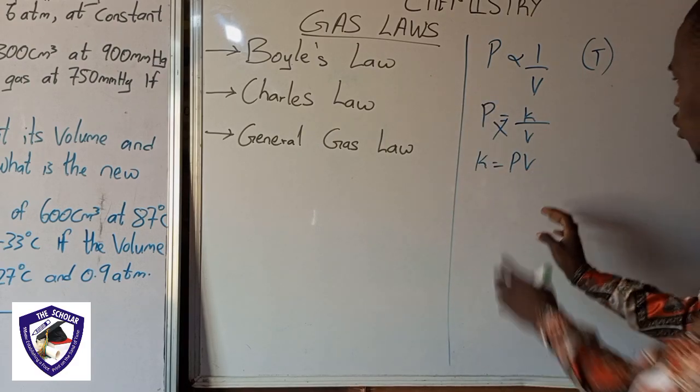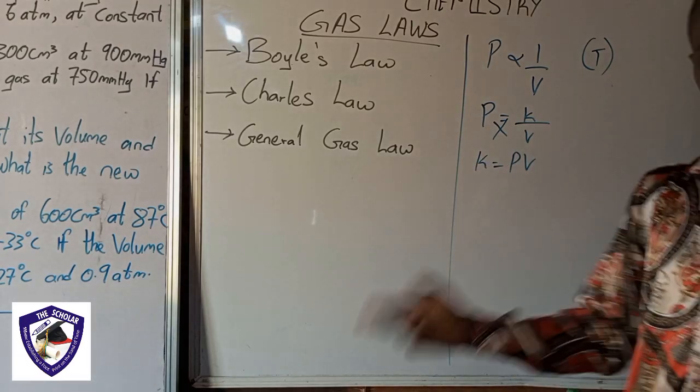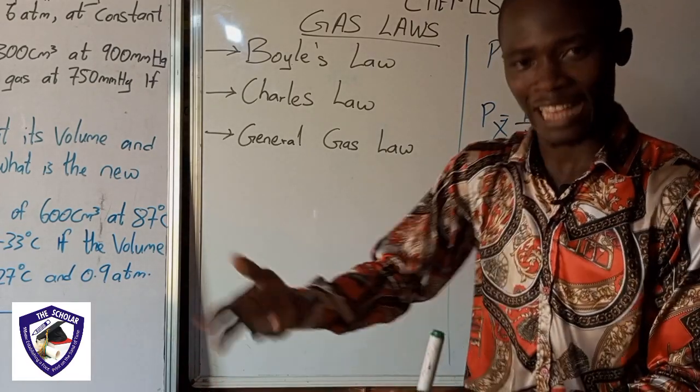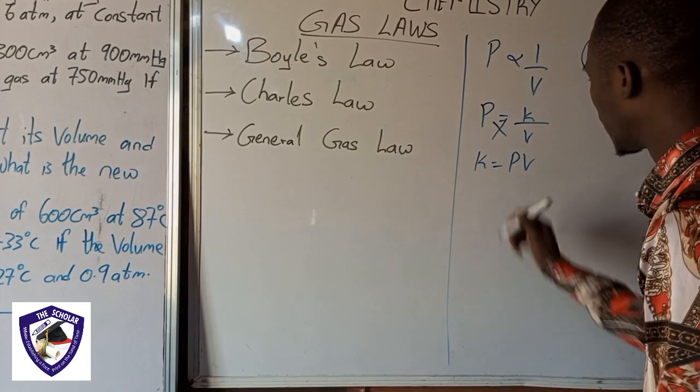Boyle's law states that the pressure of a fixed mass of gas is inversely proportional to the volume. So at this state, if this pressure and volume undergo expansion, then the new product is what we call the final product.